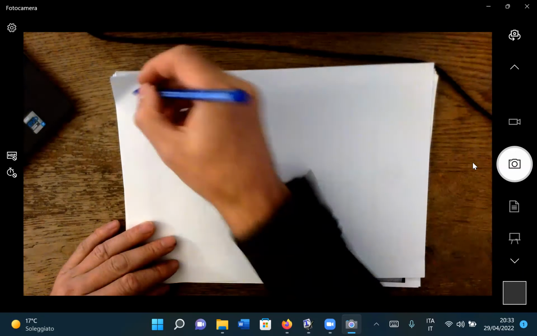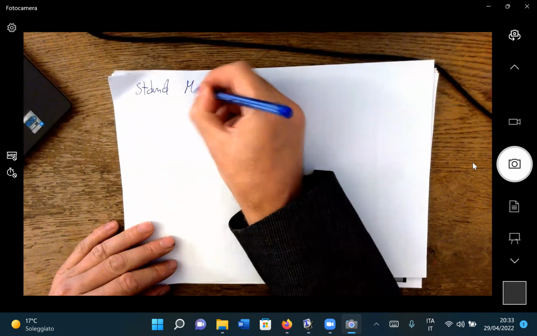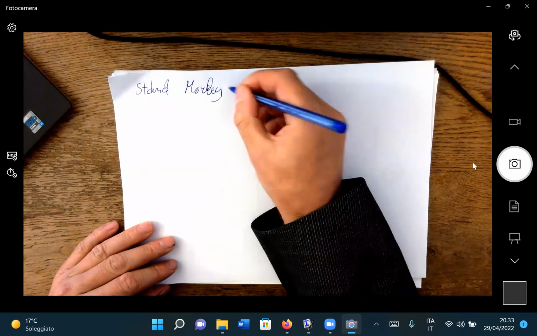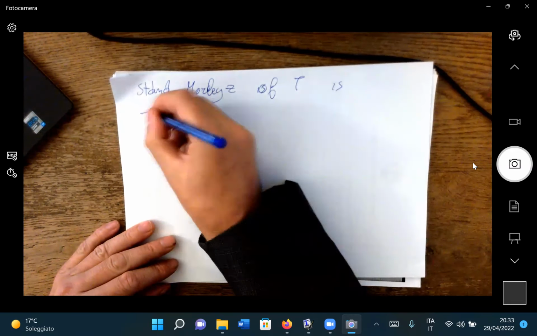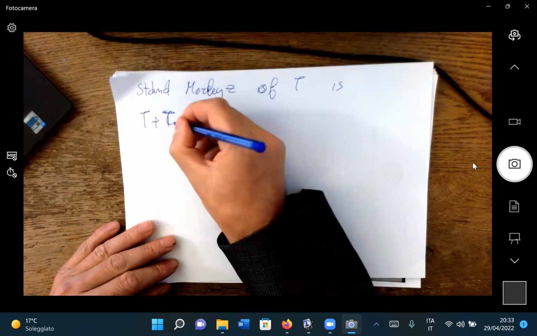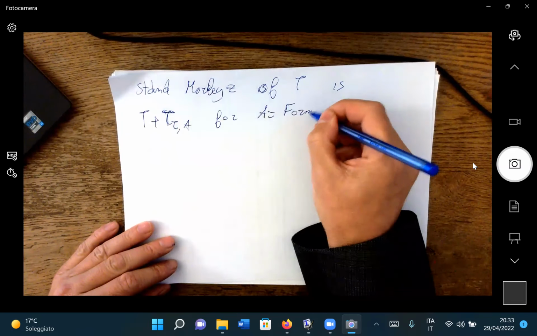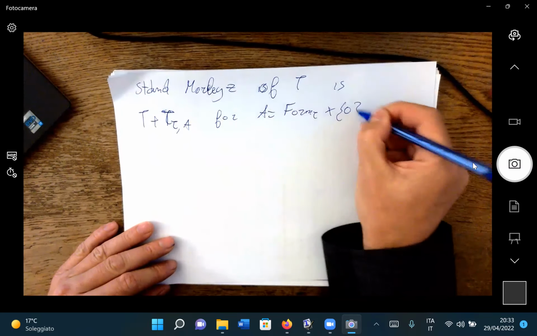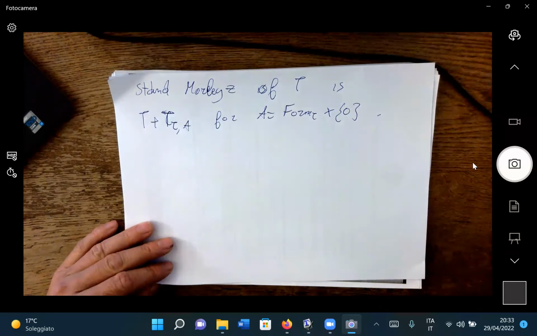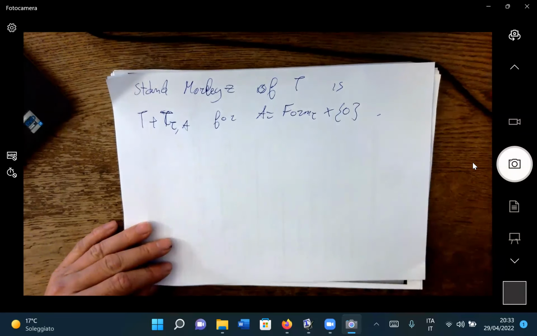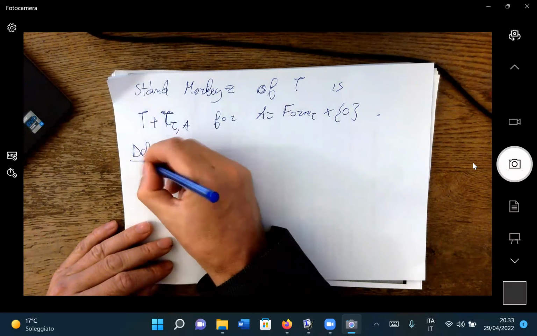Okay, so let me just say the standard modernization of T is T plus T_tau^A for A equal to formulae tau times 0. This is what one learns in order to eliminate quantifiers and maintain the theory. Okay? And now here is the invariant that I'm attaching to a theory.